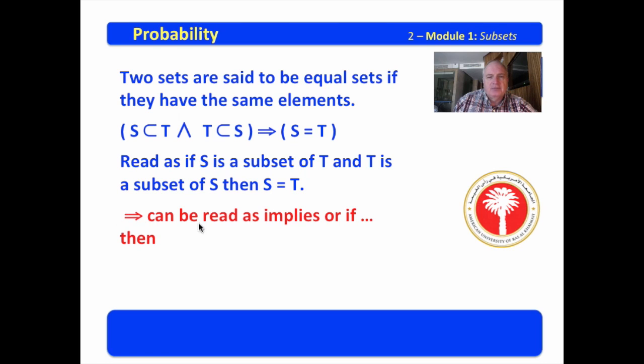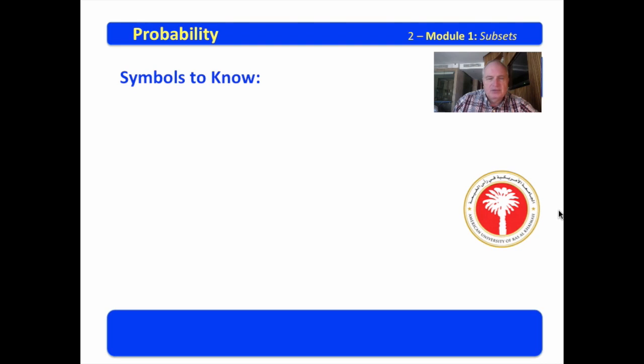This imply symbol can also be read as an if-then statement. This statement says that if this is true, then this is true. Some of the symbols you need to know from this lecture. This symbol is a such that symbol. This symbol is infinity. This symbol is a subset.